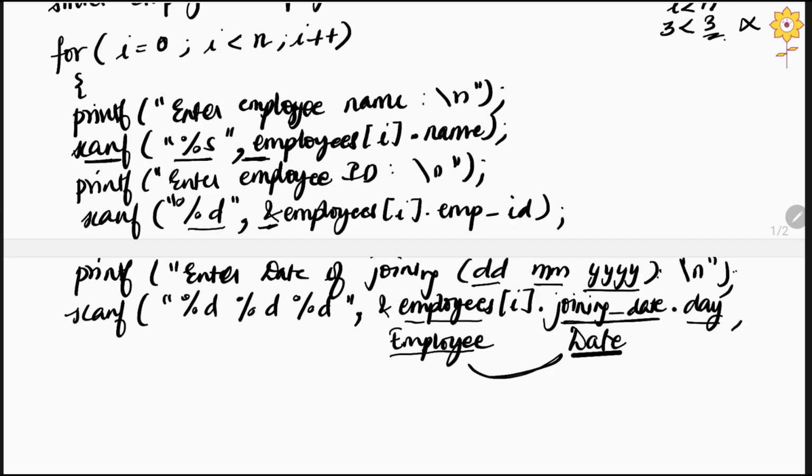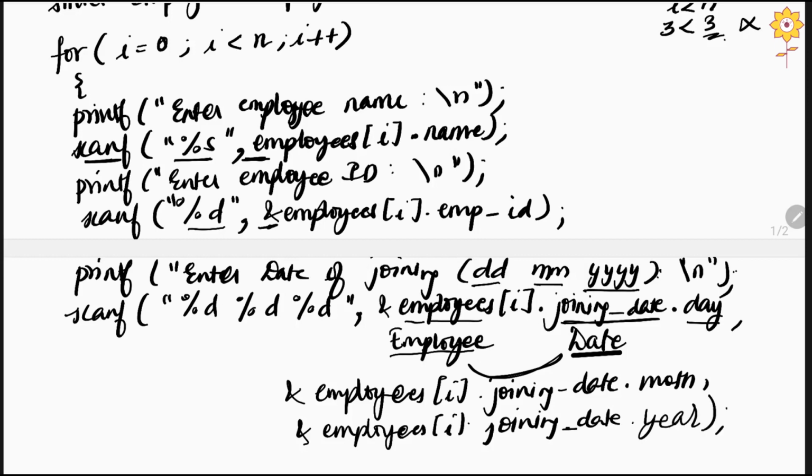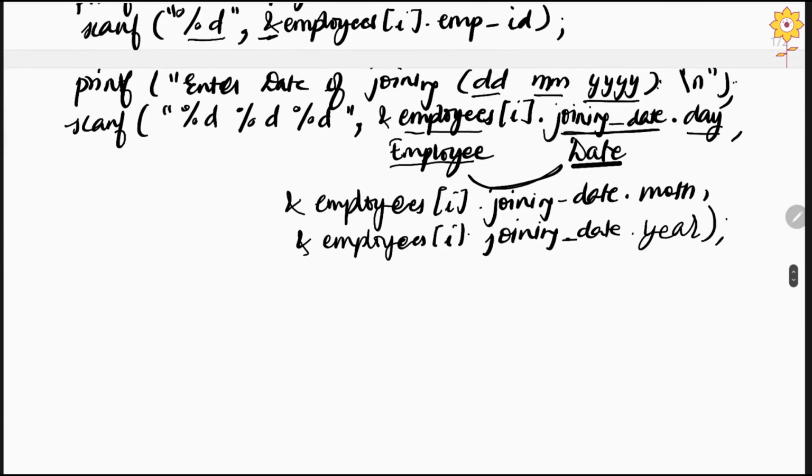Similarly for month and year, so ampersand employees i joining date and then month, then comma ampersand employees i joining date. In that you have to access the year and store it. So after this is done, you will ask them to enter the salary.